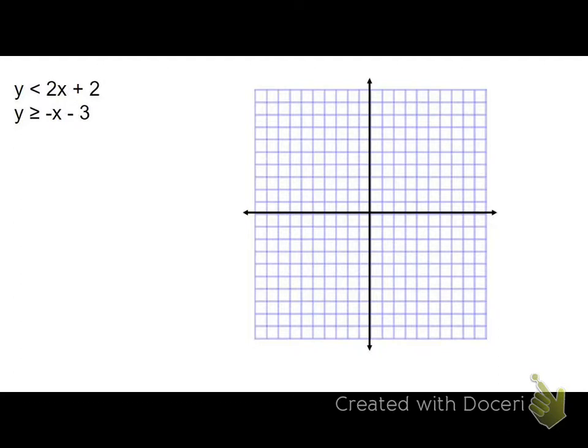Well, yeah, but what about this problem? We can solve it easily because it's already in slope-intercept form. So let's just start graphing. My y-intercept is 2, so I go up 2. Up 2 over 1.